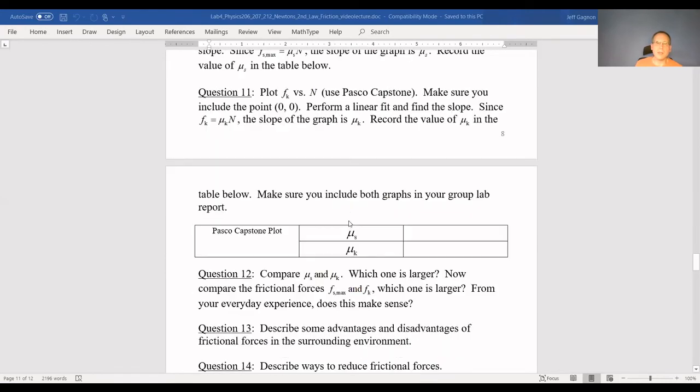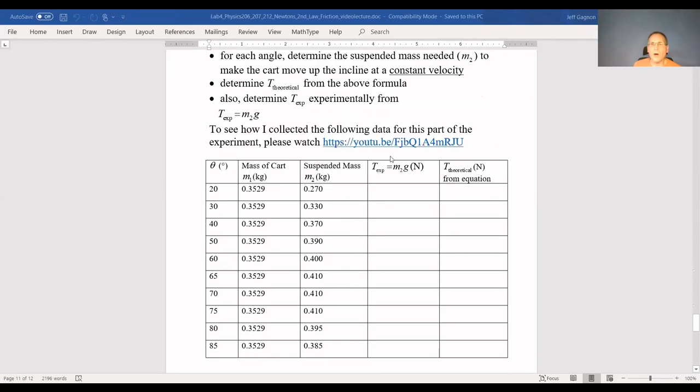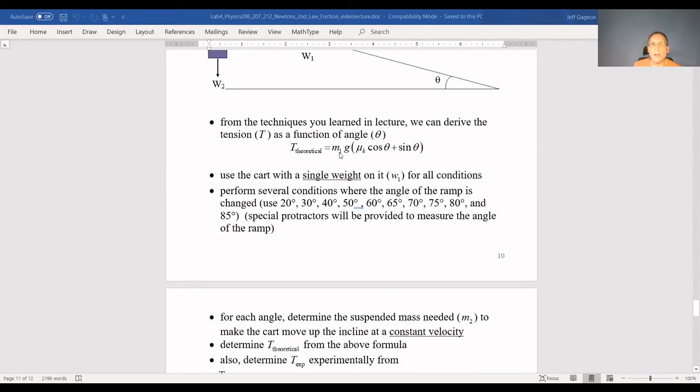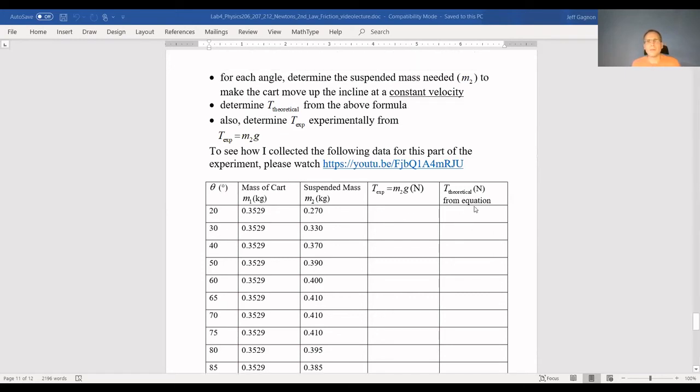It's all the way up here, right? So use this value, mu k, from question 11. And then the M1 here is simply the mass of the cart with that one weight, but that stayed the same through all the conditions. So that's just going to be 0.3529 for every condition. And G, of course, is 9.8 again.